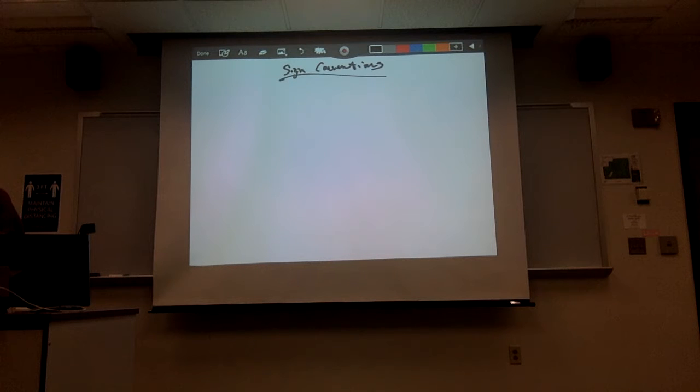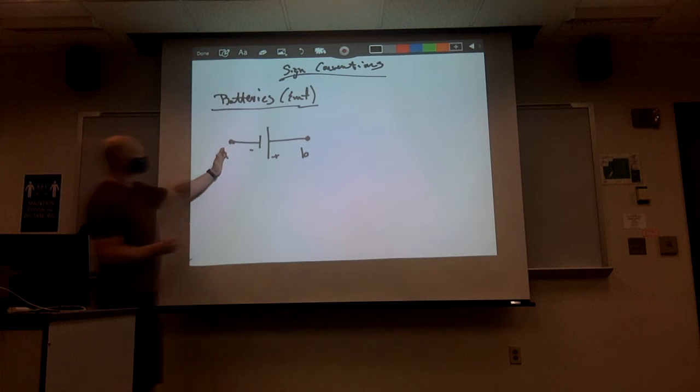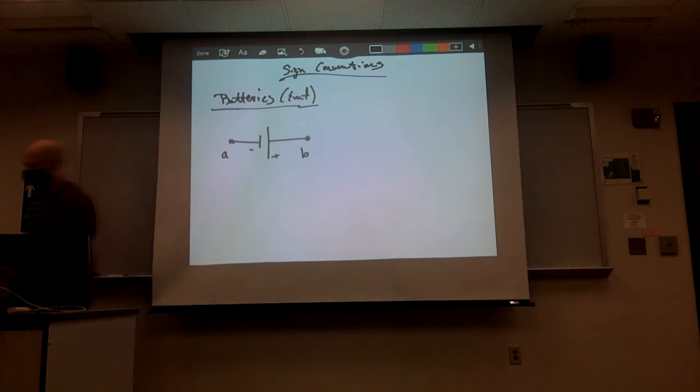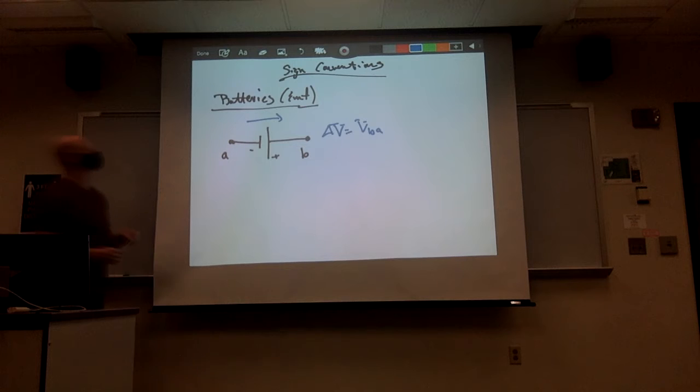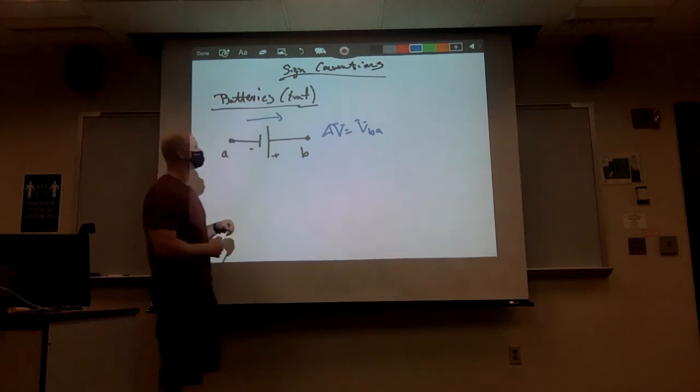So first off, let's talk about batteries or EMFs. For a battery, here is my point A. Here is my negative terminal, here's my positive terminal, and then here's my point B. Now, if I go across the battery going from A to B, meaning we're going to go in this direction across the battery, my change of potential is going to be the potential at B minus the potential at A. So this is my final potential minus my initial potential.